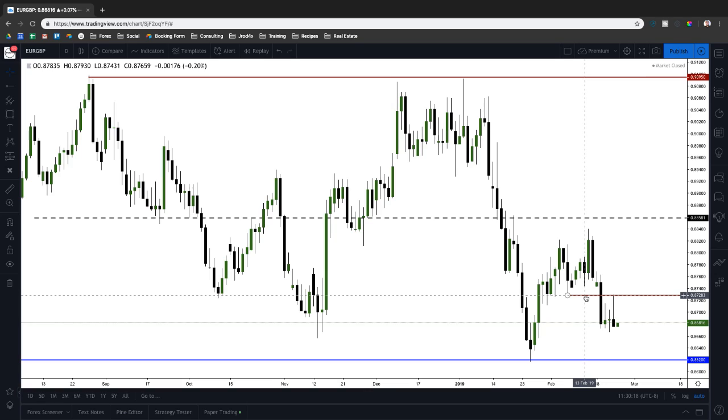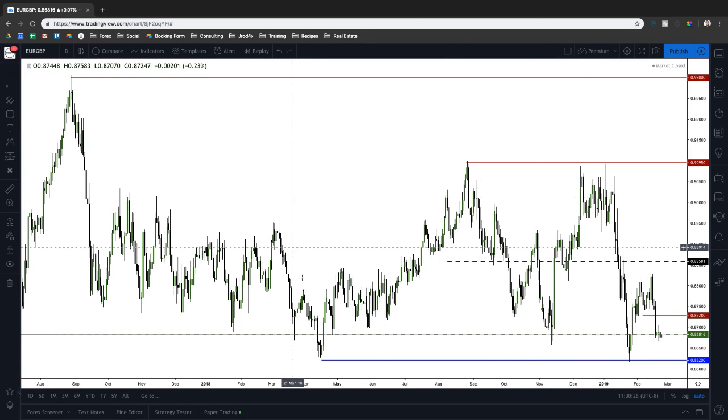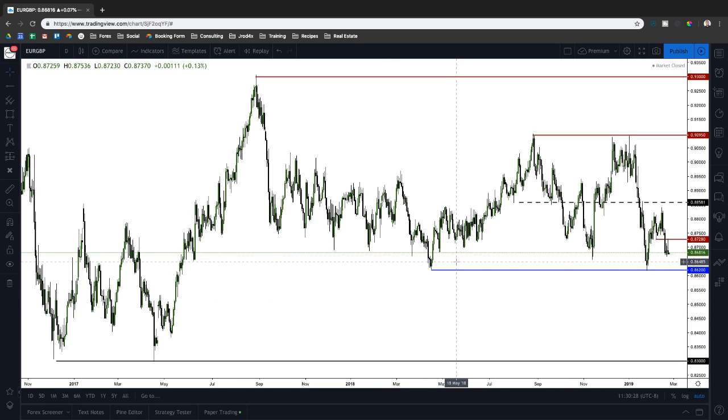But for example, if euro GBP is super weak and we start getting a lot of momentum and we're breaking lower, getting out of this consolidation that we've been trapped in for a while, and we get below 86.20, this thing will be open from 86.20 to 83 big figure, just free fall. And if that's happening, that's going to cause, number one, a lot of strength for British pound, and number two, a lot of weakness for euro.